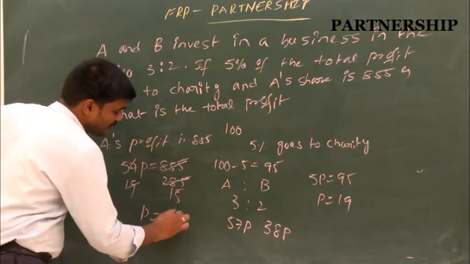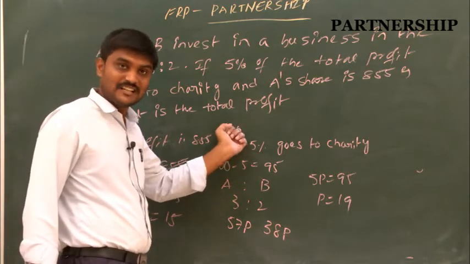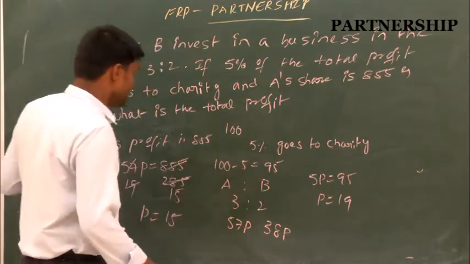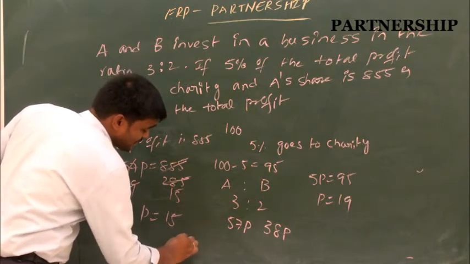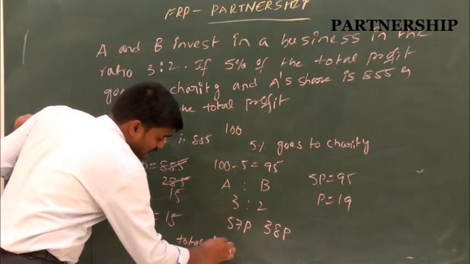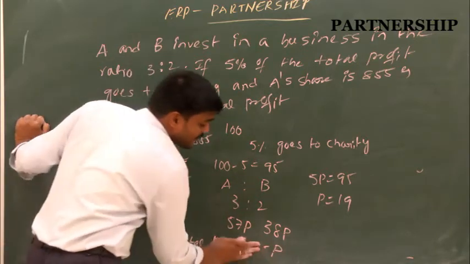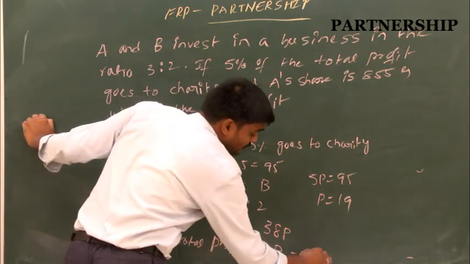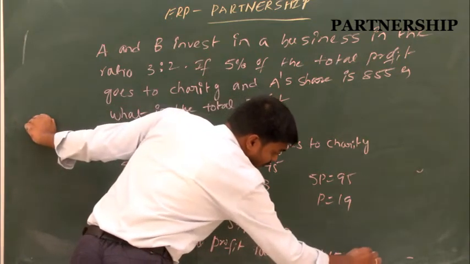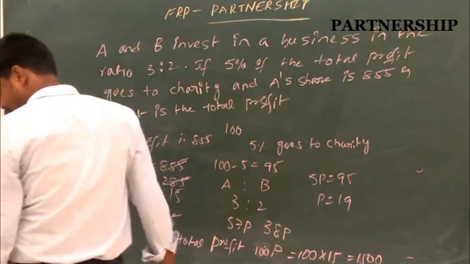So 1 part equal to 15, but the total number of parts is 100. So 100 into 15 is 1500. So the total profit is 1500. Coming to the next problem.